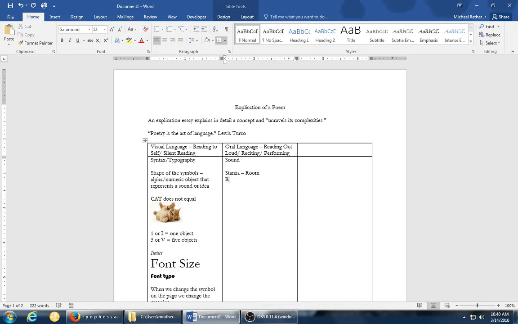Then this idea of refrain, you have refrains, and here they talk about terminal and internal. You could also talk about this literary form. This is not in your textbook, but anaphora, repeated phrase at the beginning of lines.